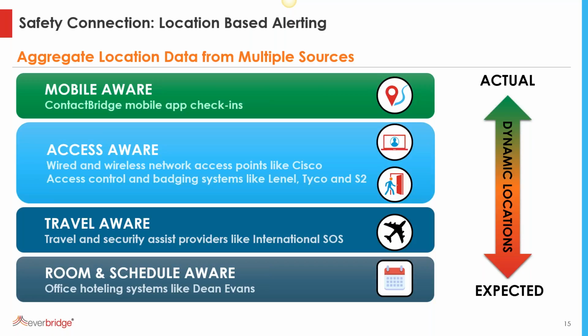A second source for last known location would be the badge access system. If an employee badges into the building at 9 a.m., we can update their last known location in the Everbridge platform to show that they are in a particular building. So that can be used as a second source to get an accurate idea of where people are.